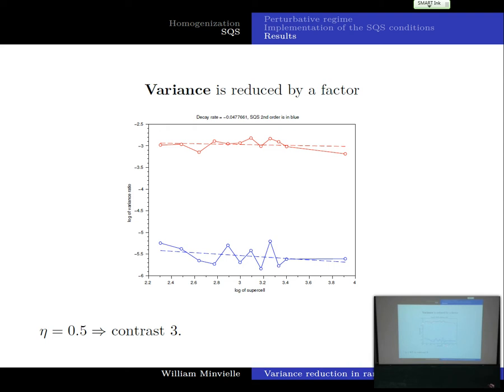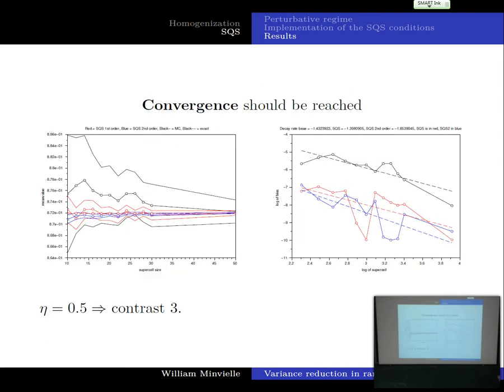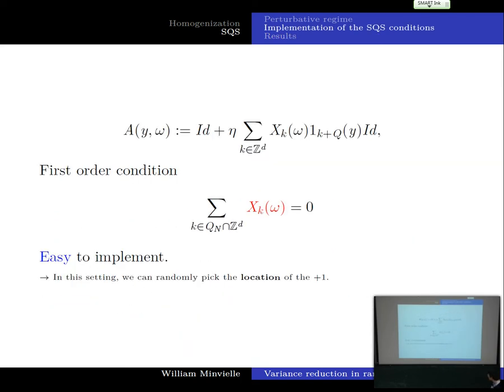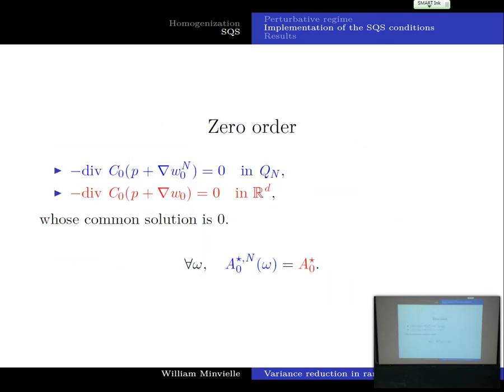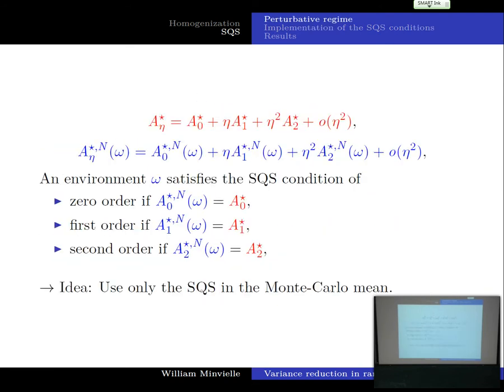Okay? So I've got a variance reduction which is of order 10 to the minus 3 here, and 10 to the minus 5 here. So this is very interesting on the computational side. That was the point of the remark of Max, I think.